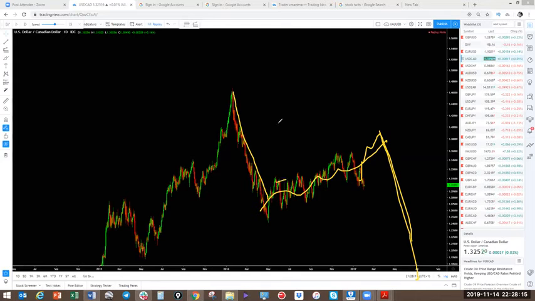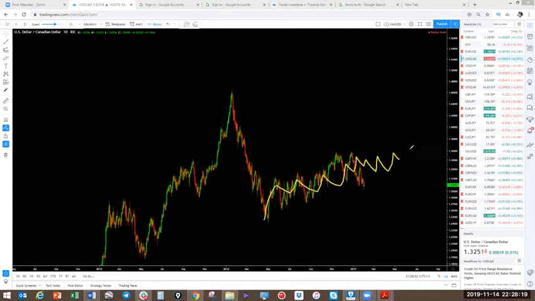But you don't know how far this correction will go. For all we know, it can keep doing this, it can keep doing this, and even retest the top. But if you understand the cycle and the sequence of this, then you will be able to focus to the end and then be able to take the trade.